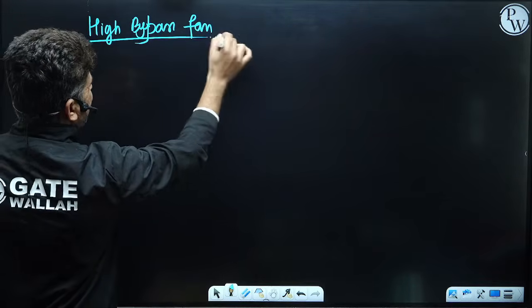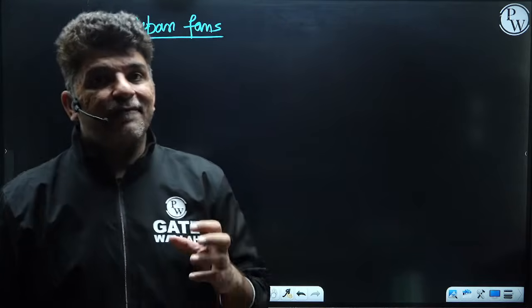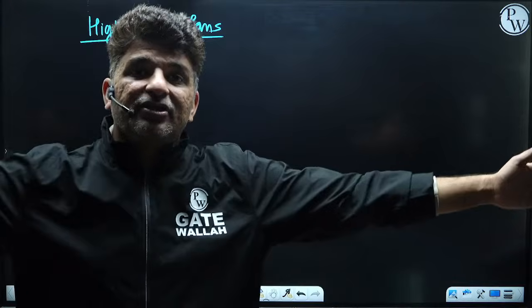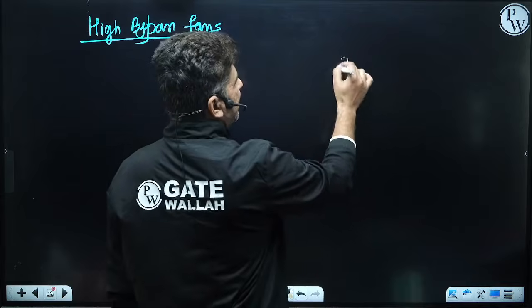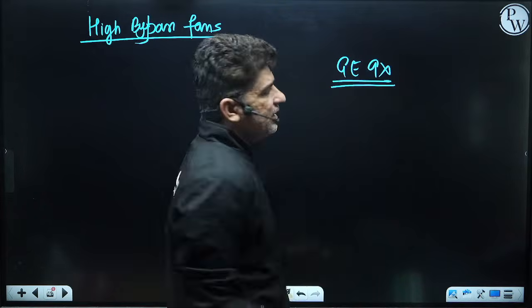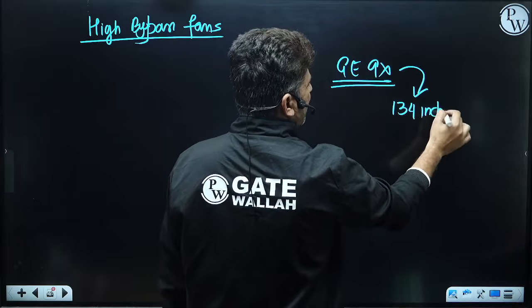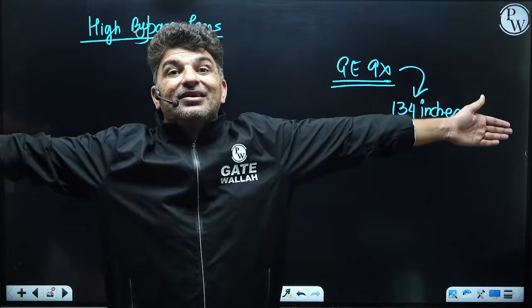High bypass fans have a very large fan diameter. They are making the engines very big. GE9X is going to be one of the biggest engines, with a fan diameter of 134 inches.